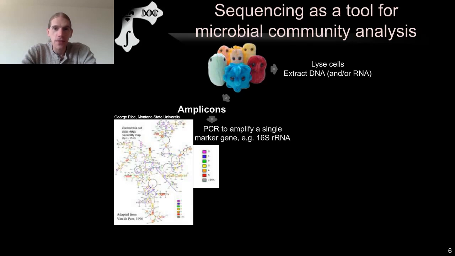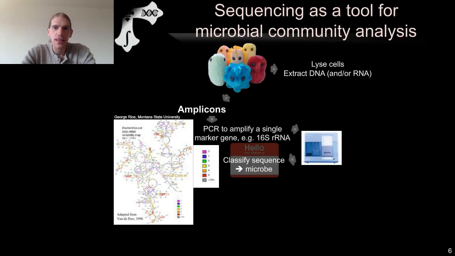This is most often the 16S rRNA, which is a bacterially universal subunit of the ribosome, such that all of your sequencing throughput is used to sequence variants in a specific gene, variants at a specific locus. Each small nucleotide variant can then be used to classify that sequence to its microbial source, sort of like a microbial name tag.